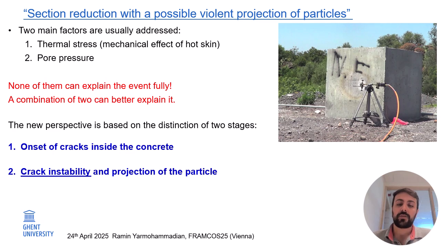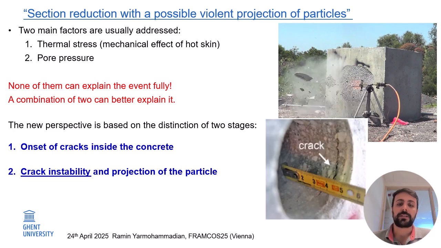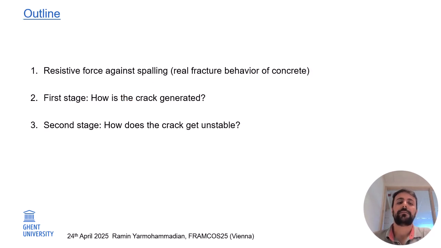In this presentation, you will first see what the resisting force against spalling is. Then you will see the main contributions in the first stage, or how the crack is generated. And then you will see how the crack becomes unstable, which is connected to the second stage.